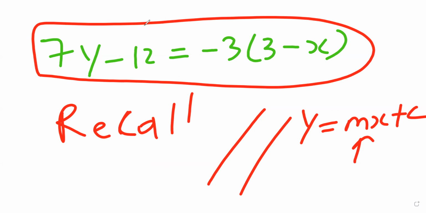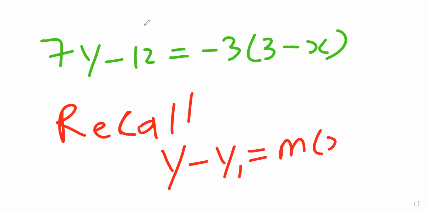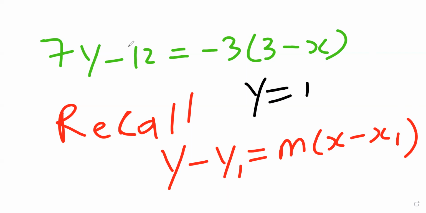So let's go back. Also, whenever you're asked to write an equation that is perpendicular or parallel, we always go back to the original formula that forms this standard equation, which is the equation of the line y is equal to mx plus c.